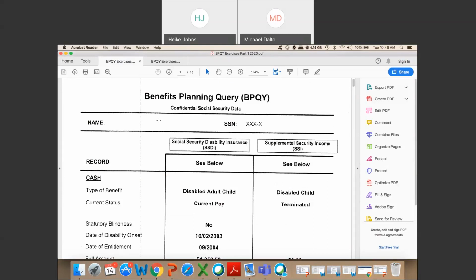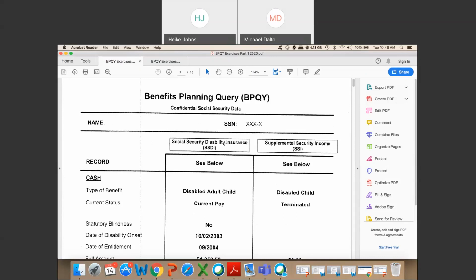So the BPQY will provide the individual's name, if it's an actual BPQY received from Social Security for a real person, and the last 4 digits of their Social Security number. Now it shows 2 columns.